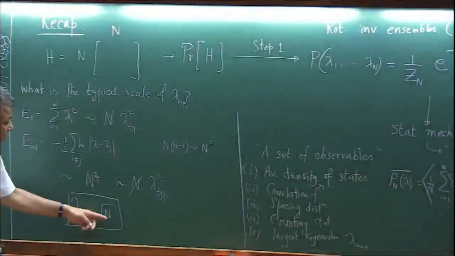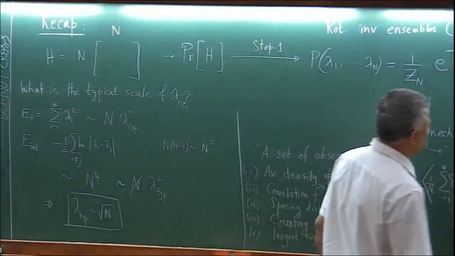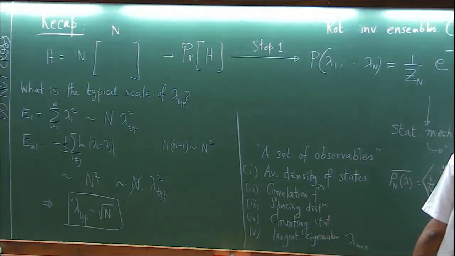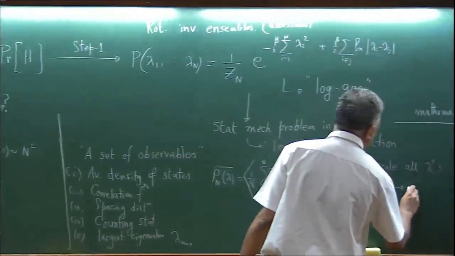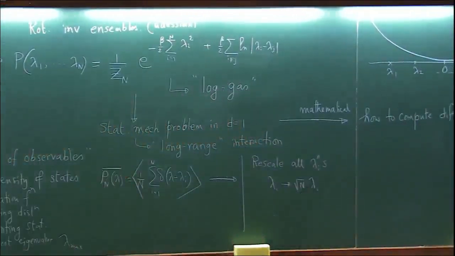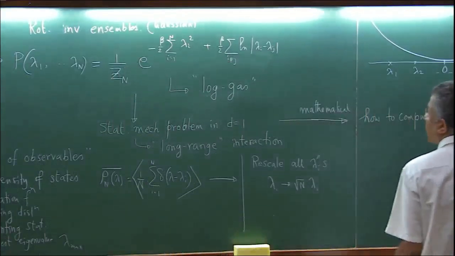Therefore, in order to derive a large n limit, it's useful to rescale all the lambdas by the square root of n. So lambda I goes to square root of n lambda I. It's just a change of variable, just a scale, to put them on the same footing.